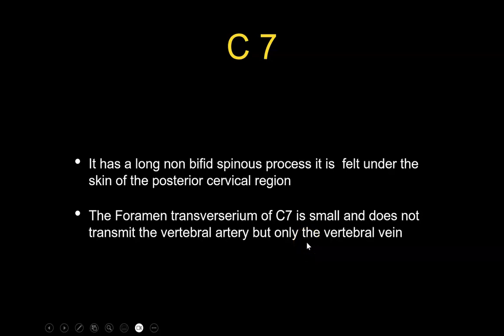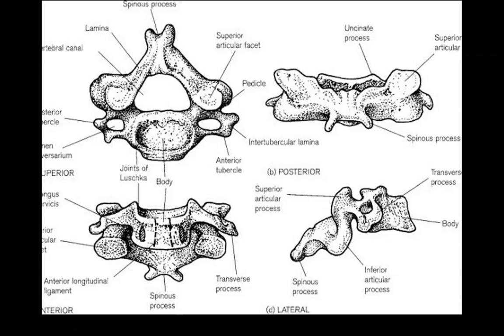So the vertebral artery passes through the foramina transversaria from C6 up to C1, but the foramen transversarium of C7 carries only the vertebral vein.